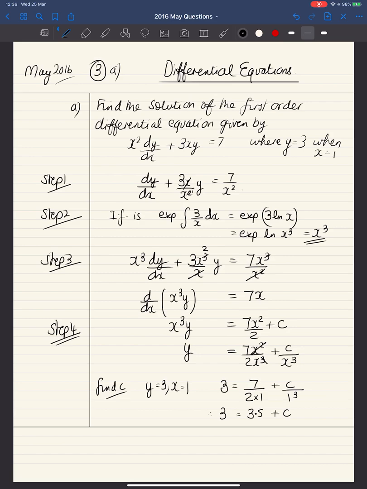So therefore c is minus a half. And y is 7 over 2x minus 0.5 over x cubed. Colour that in, and then we're ready to go again.